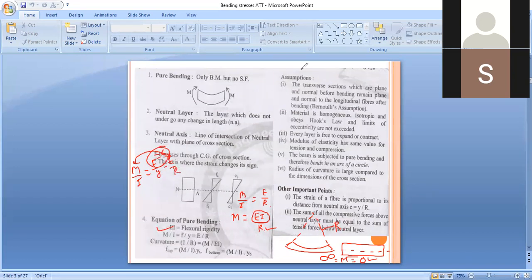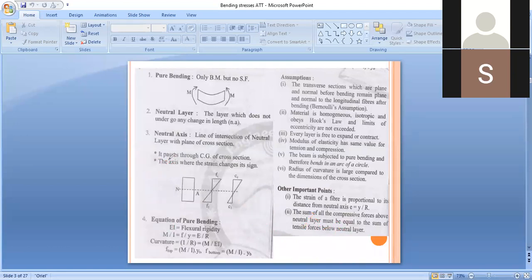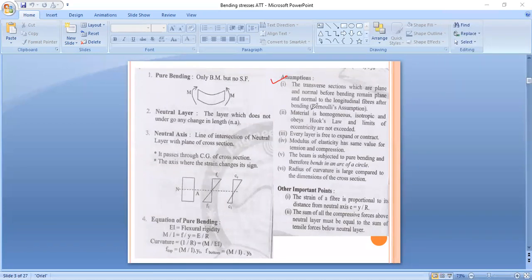Okay. Then next we will see the next concept, assumptions. So the first assumption: the transverse sections which are plane and normal before bending remain plane and normal to the longitudinal fiber after bending.